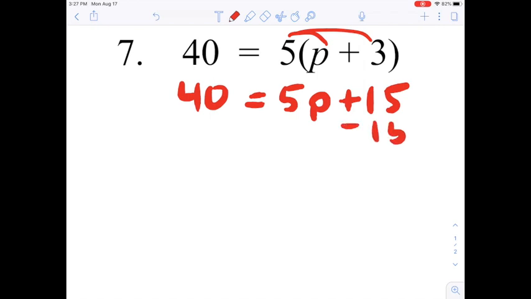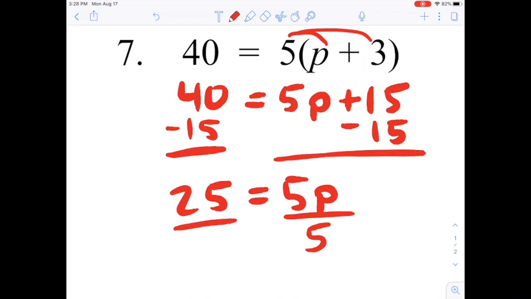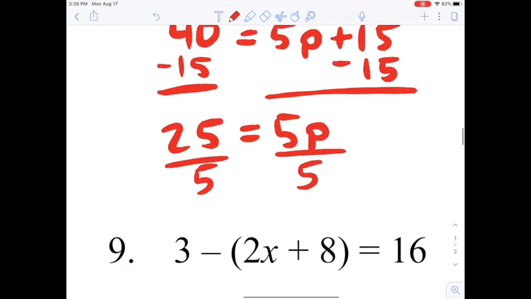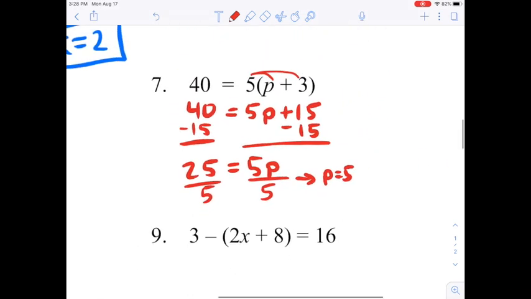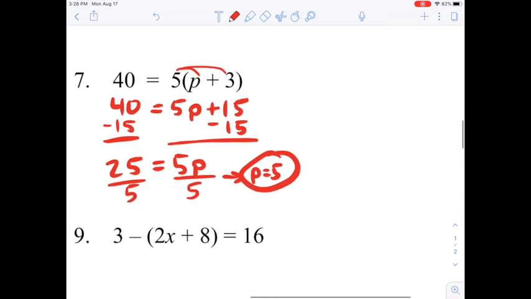Now I can subtract 15 from both sides and get 25 equaling 5p, which then I can divide both sides by 5 to get an answer of p equals 5. Now, that's good. Answer's there.